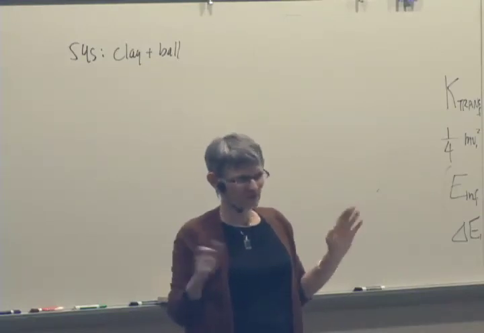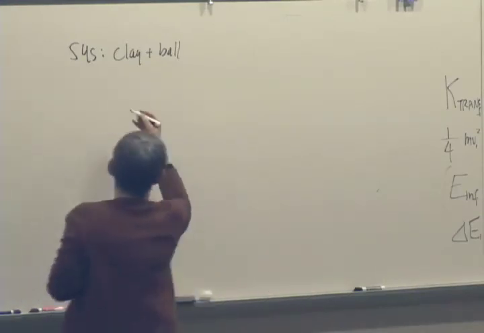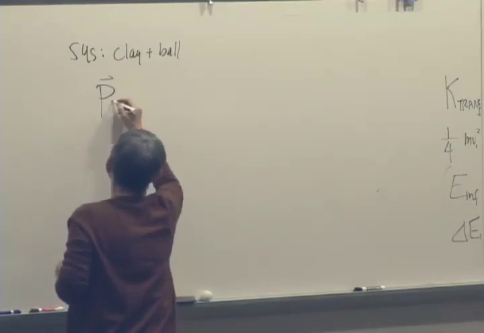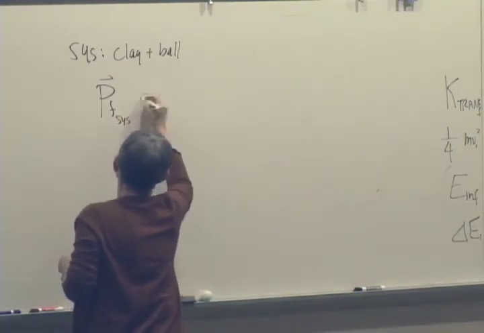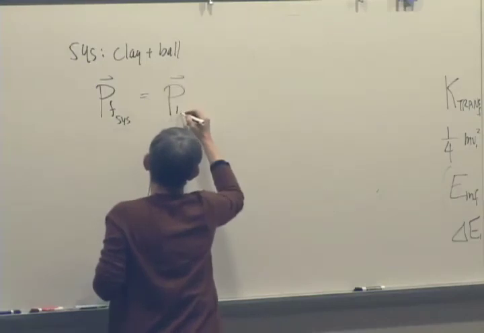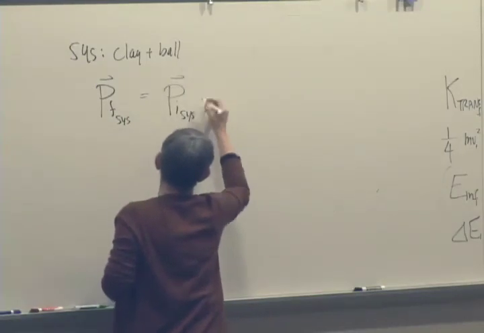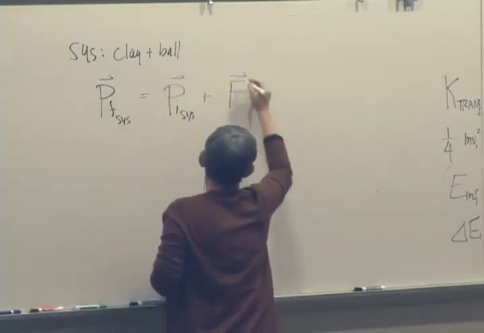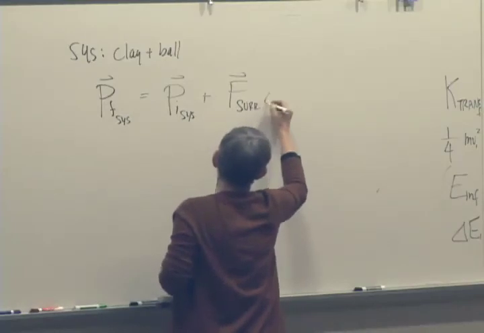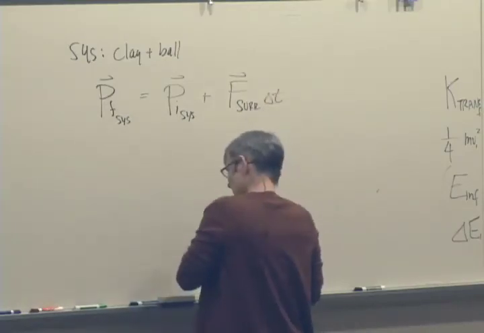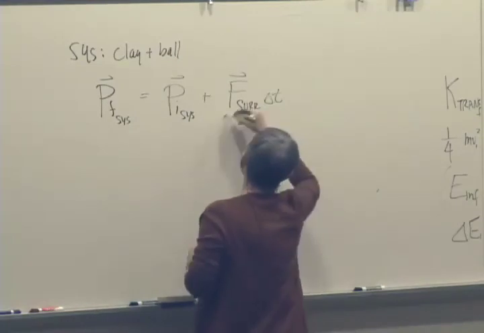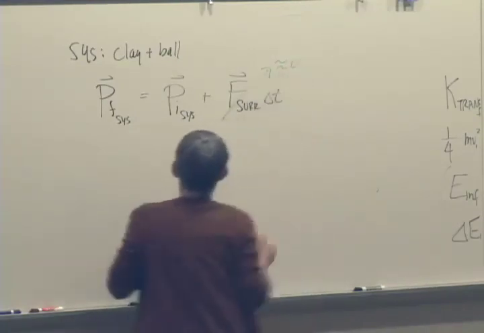Negligible. So therefore, we've got P final of the system equals P initial of the system, plus F due to the surroundings, delta T. That's negligible, so that's 0.